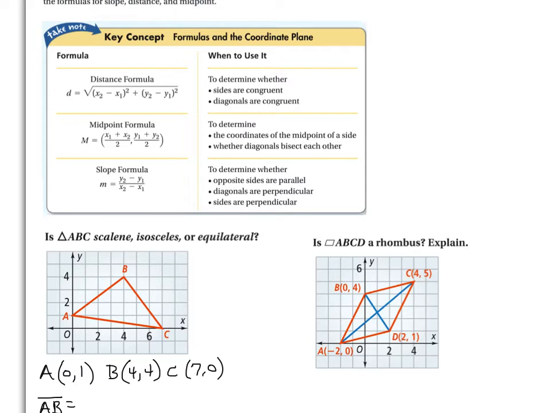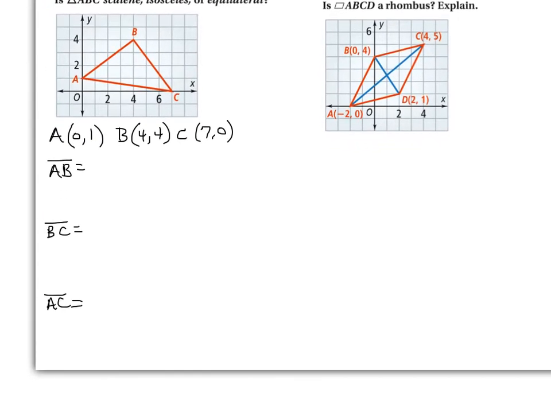So, as we use this and when we look at this here, for the distance formula for AB, the distance is going to be the square root of, in this case, we're going to take 4 minus 0, square it, and add that to 4 minus 1 squared, which is going to be the square root of 4 squared plus 3 squared. 4 squared is 16, 3 squared is 9.